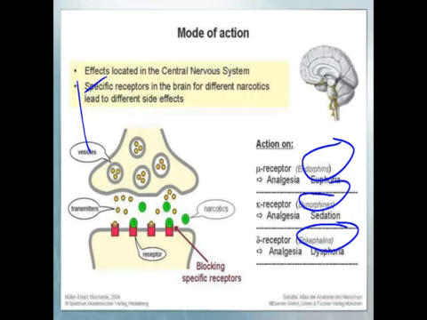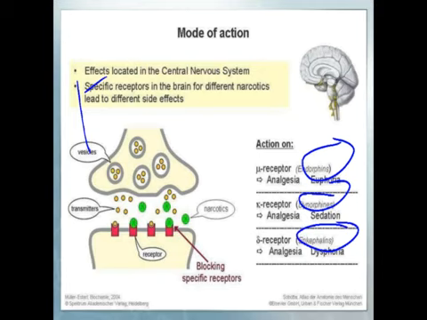They are generally present in our body in the central nervous system, where they bind to the receptor and are responsible for relieving the pain. These are the endogenous peptides which are present in our body.